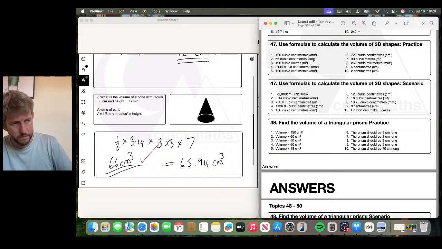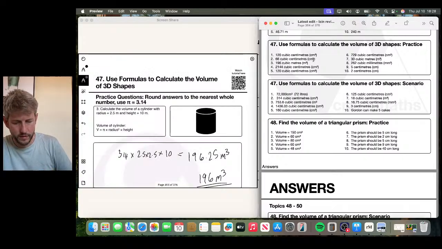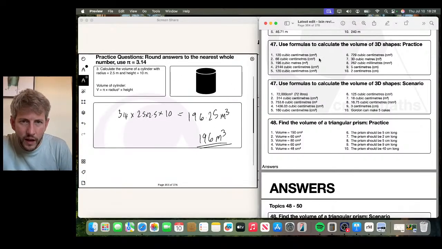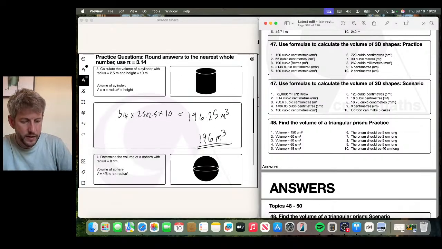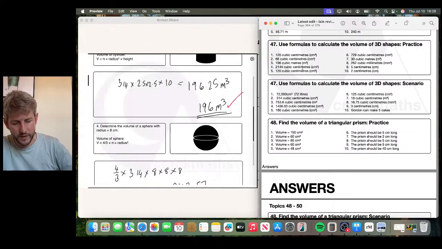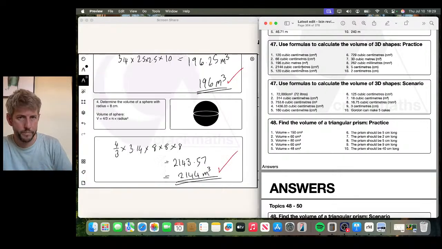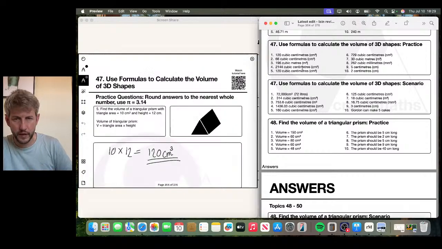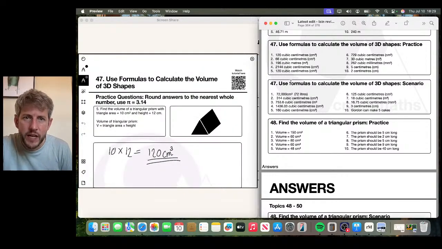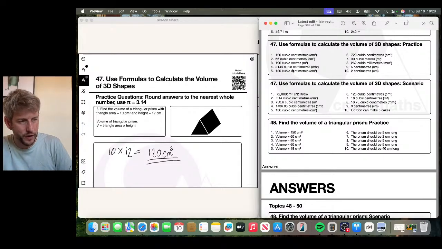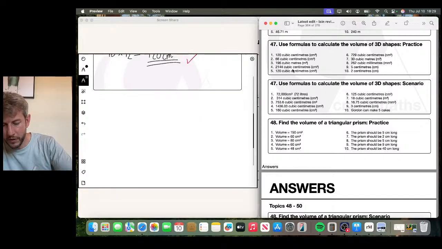Yep. This one here is 196 meters cubed. Yep. And then 2,144 meters cubed for question 4. And 120 centimeters cubed for question 5. Okay, right. Let's continue on with the next round.